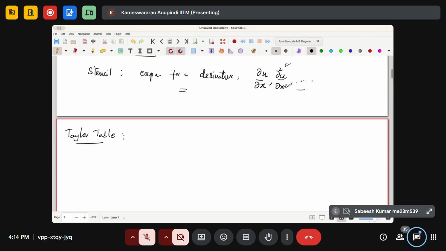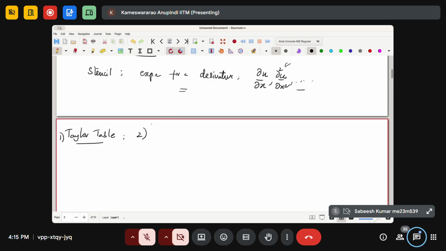Instead of expanding out all the terms and writing it that way, we're going to take a little bit of a variation of whatever we have done in the last class, but present it in a nice table form. So these Taylor series terms that we have, we're going to write them in a nice table form so that we can easily infer from there. Okay, so that is the first motivation.